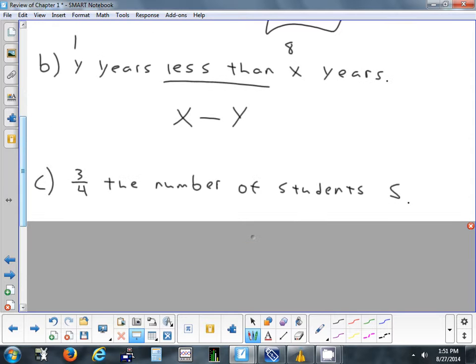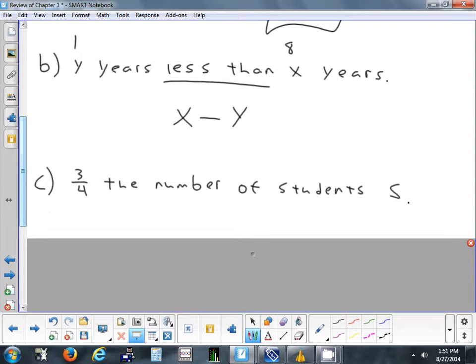Here's another one. 3/4 of the number of students. Okay, the key right here is this word of. Does anybody know what that usually means in math? Like if I said to find half of 10.